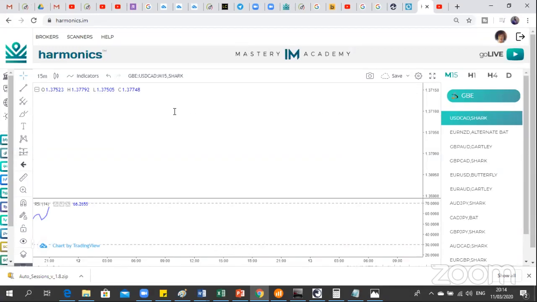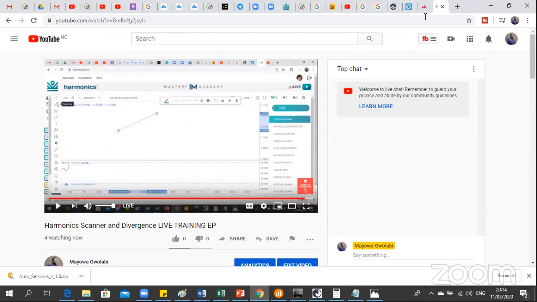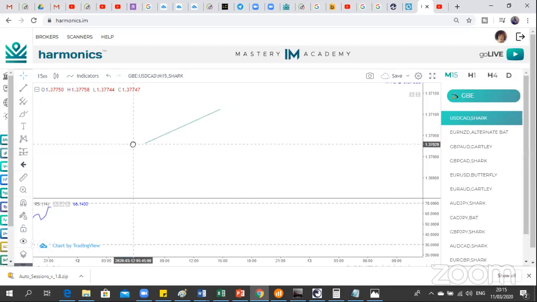What helps us to have a glimpse, or to be alerted before it happens, is divergence. And what makes a divergence? Since I've said that it has to do with reversal, it means you only want to see divergence when you are on an uptrend.